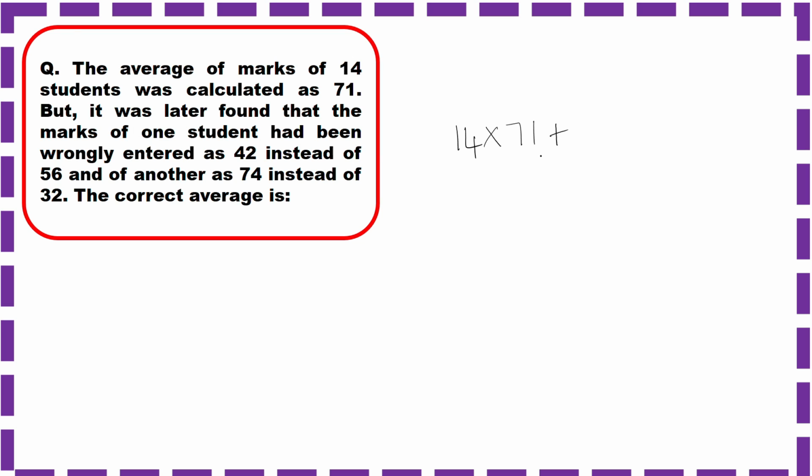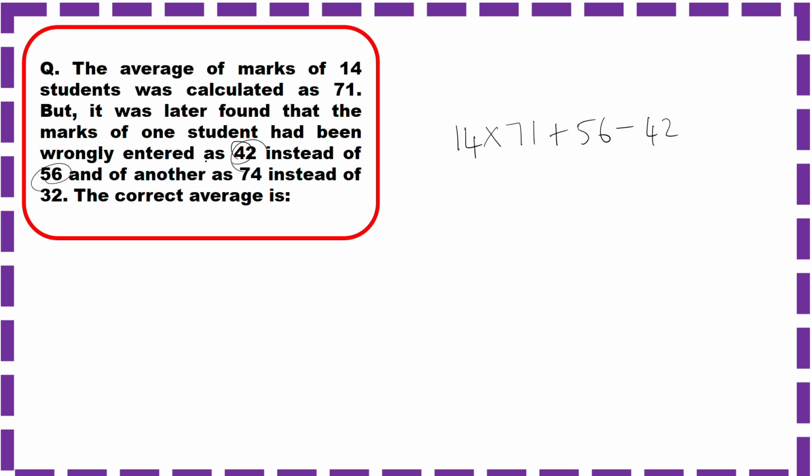Now what happens? Instead of 56, 42 was taken, so 56 must come in and we must subtract 42. Just remember this: whatever the erroneous part is, subtract it from the total, and include or add the correct thing.